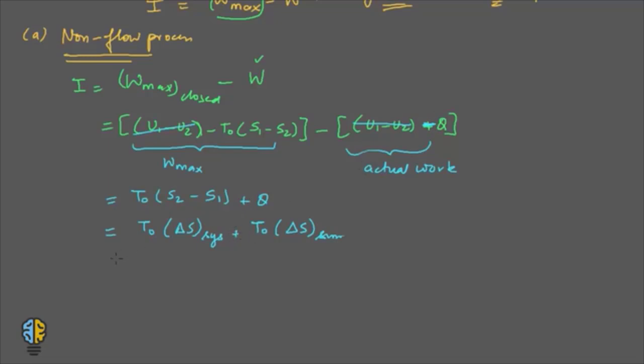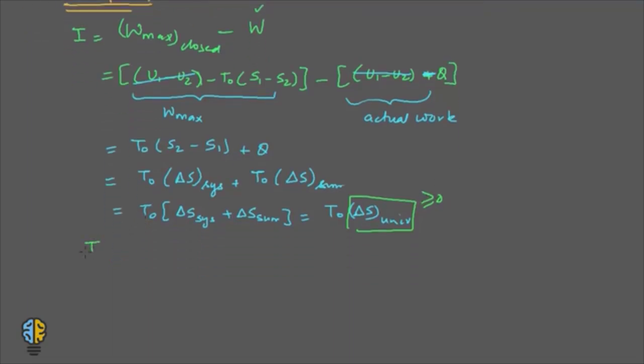So you can take T naught as common, and you would have delta S system plus delta S surroundings, and this is equal to T naught into delta S of the universe. Now the value of delta S universe is always greater than or equal to 0. So this means that for a non-flow process, the irreversibility is always positive or equal to 0.